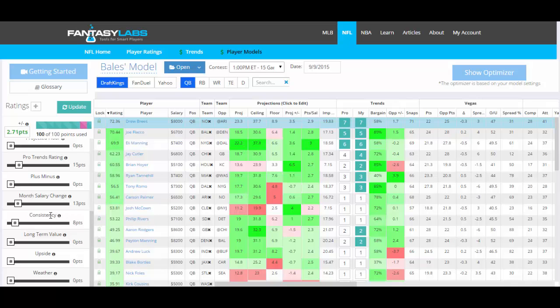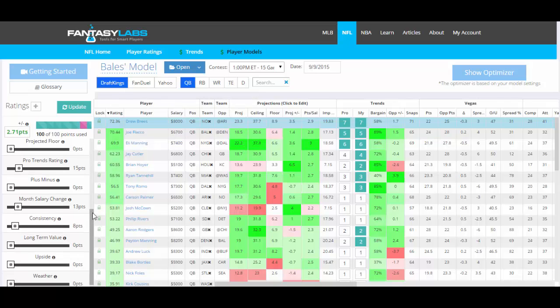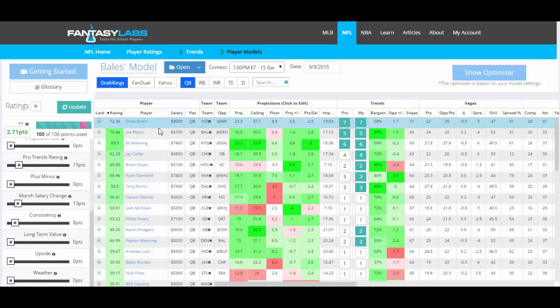Consistency, how often a player reaches his expectations. So just a percentage mark, how often. So Brees in week 1 would need to reach 19.83 points or more to be considered a consistent player for that week.